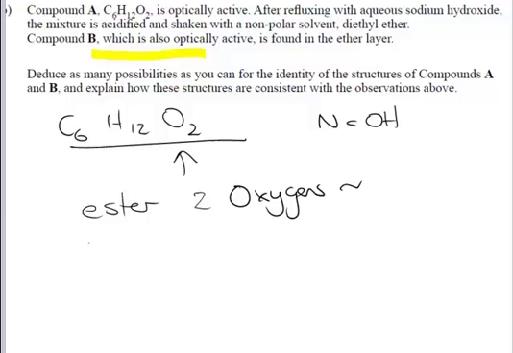So we need to sort out first of all, if we can, is C6H12O2 an ester or a carboxylic acid? It's more than likely going to be an ester. That's going to produce 2 different products.